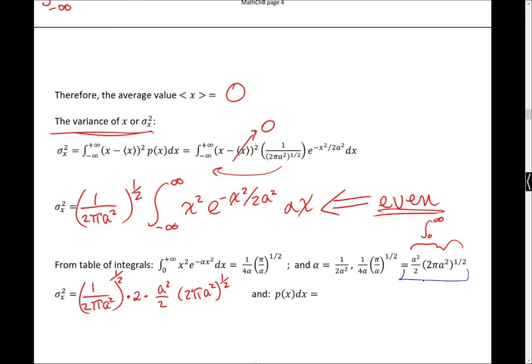We should be able to simplify that at this point. We see the 2's cancel, and the 2 pi a squared to the 1/2 cancels with this, and I'm left with a squared.